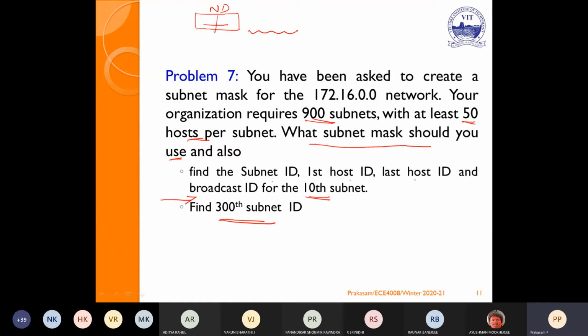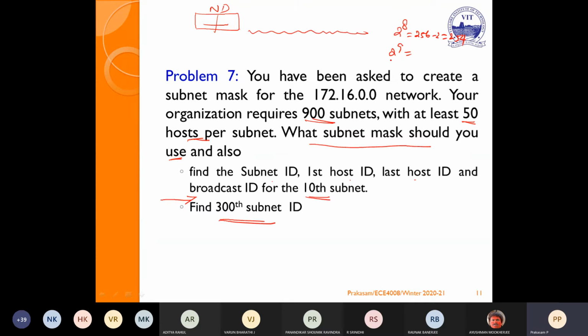Remaining, out of 16 bits, I want to provide 900 subnets. 2 power 8, 256 minus 2, 254.